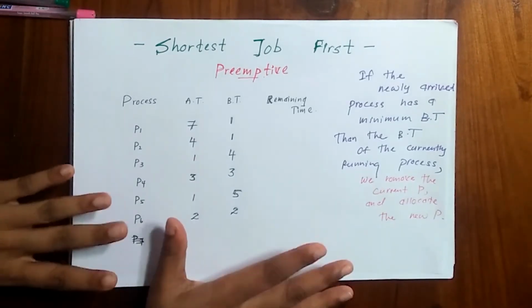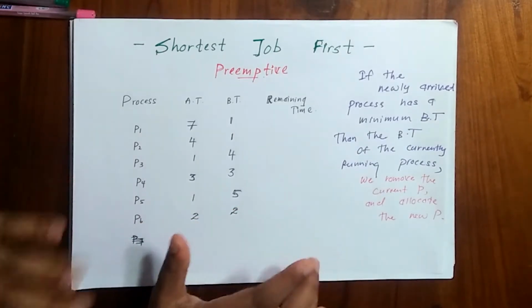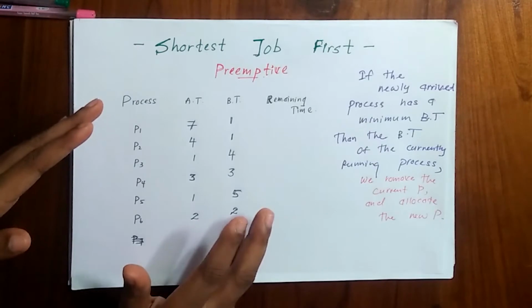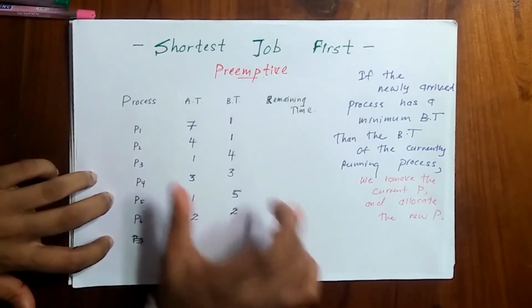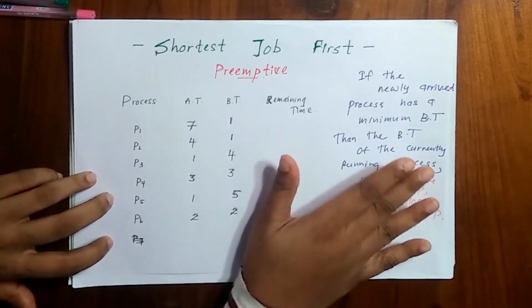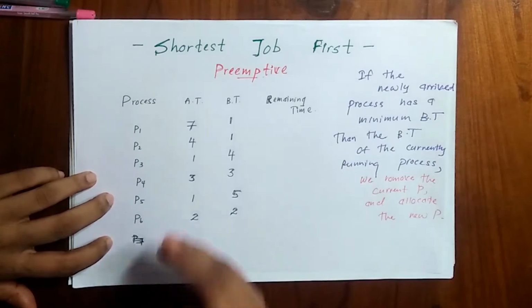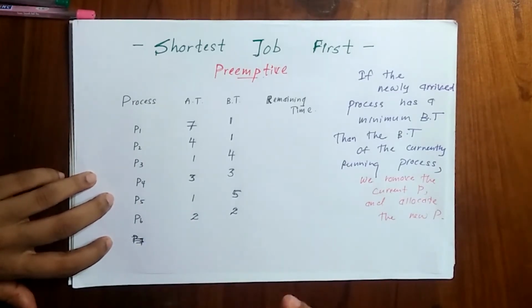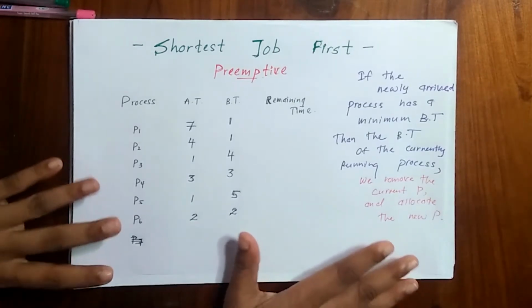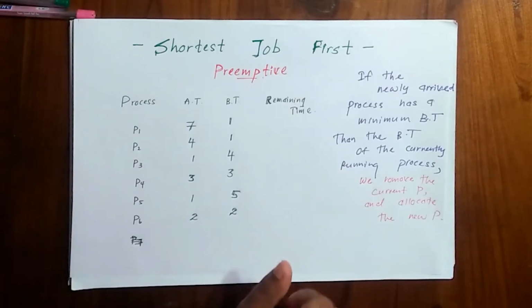So that is what happens in preemptive shortest job first. As in non-preemptive, we look for the minimum burst time, but the only difference is that if a newly arrived process has a smaller burst time than the current running process, we remove the current process and allocate the new one. So that is what happens in preemptive shortest job first.